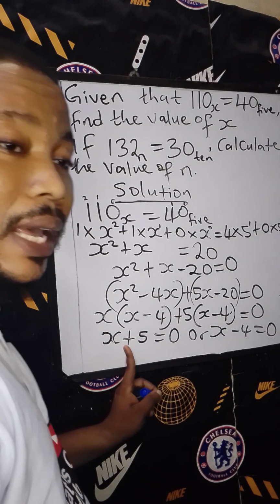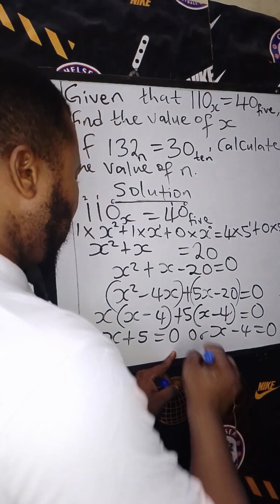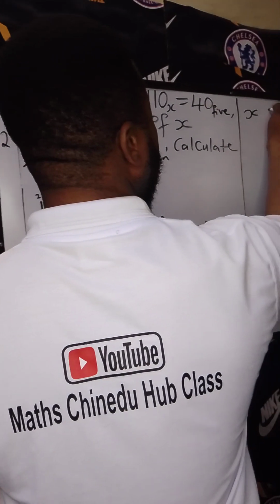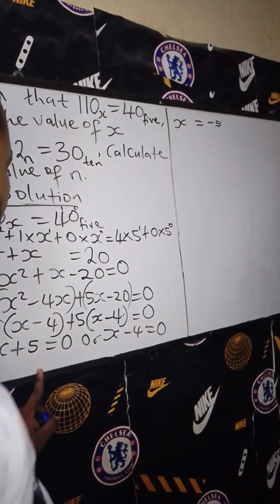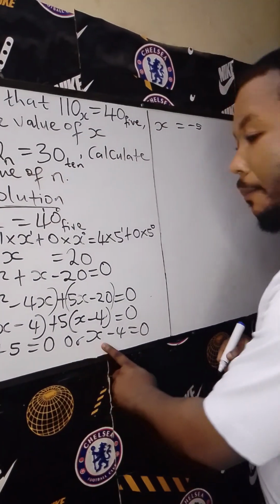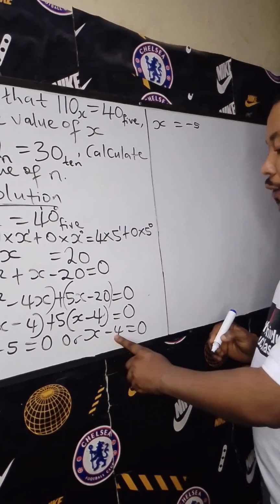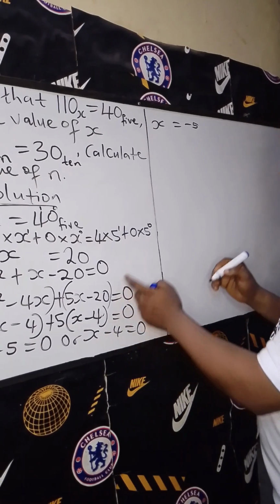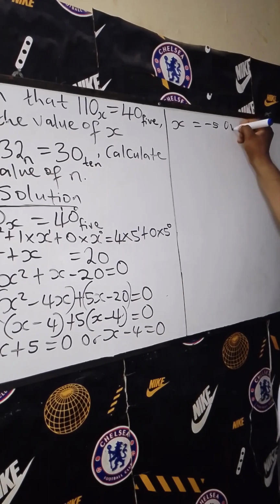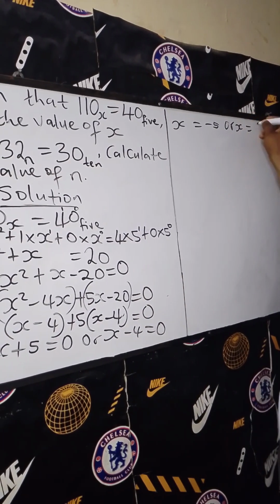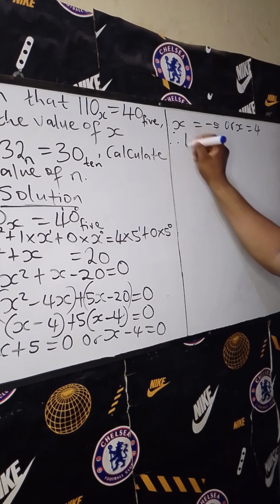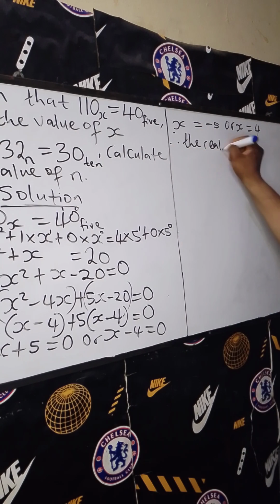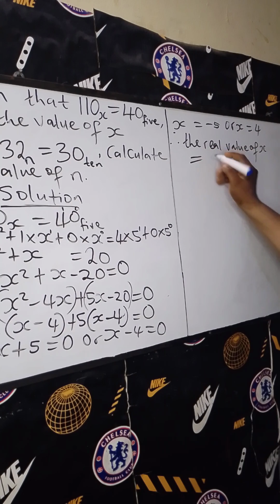By the time this plus 5 crosses to this side, it's going to give us x is equal to minus 5. Okay, so the same thing here. By the time this x minus 4 crosses to the other side, we are having x is equal to plus 4. Is that okay? So therefore, the real value of x is just equal to what?